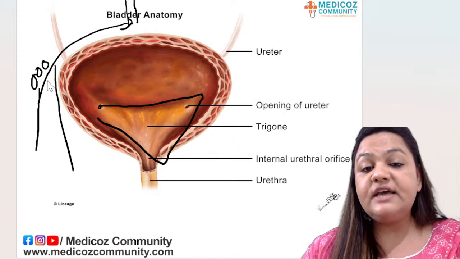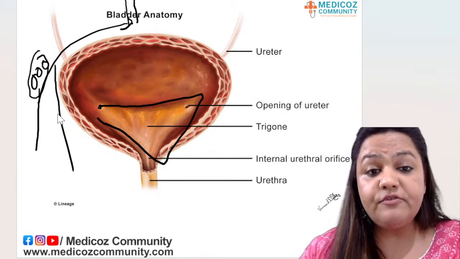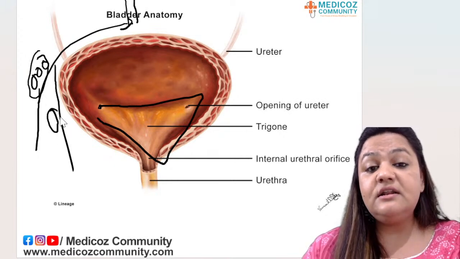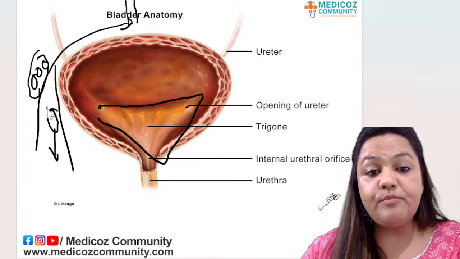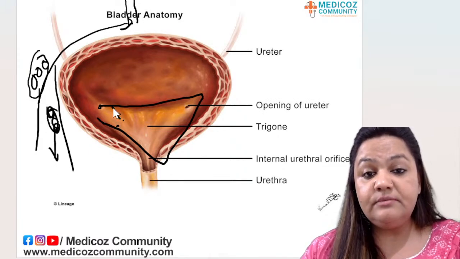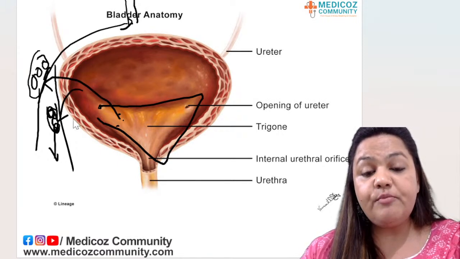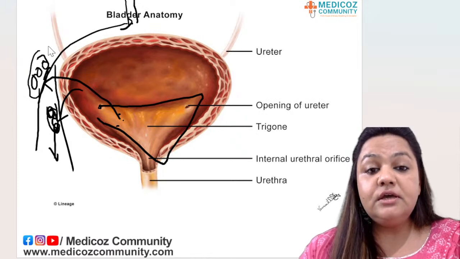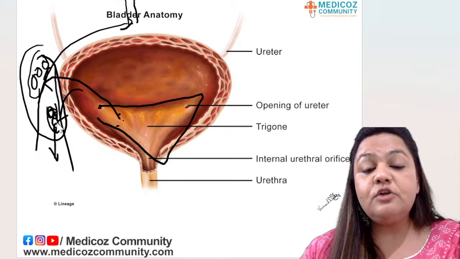Along the side of the external iliac artery, we have the external iliac group of lymph nodes, and by the side of the internal iliac artery, we have the internal iliac group of lymph nodes. The lymph from this part drains directly into the external and internal iliac group of lymph nodes. So there is a chance the cancer can spread through these external and internal groups of lymph nodes.